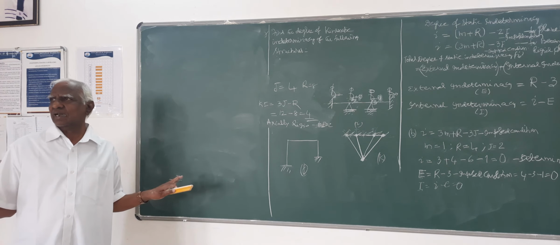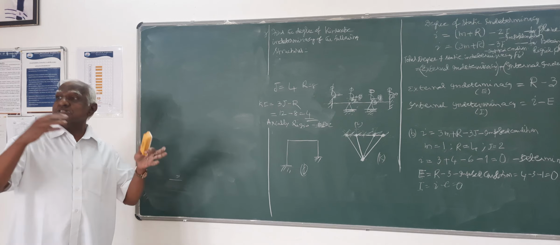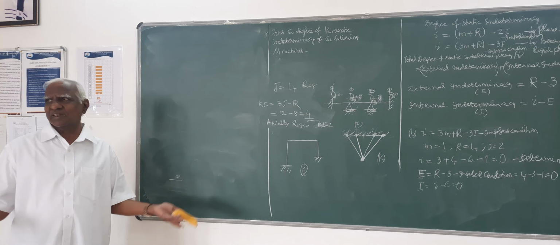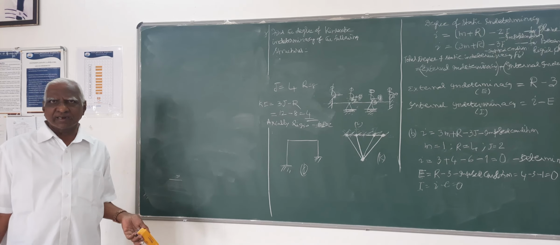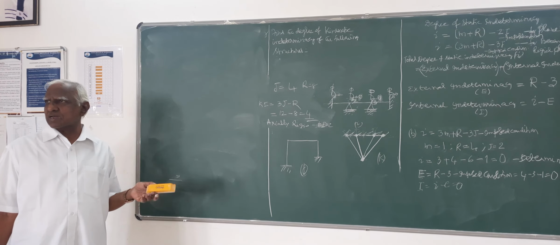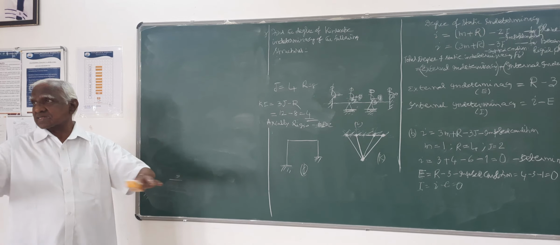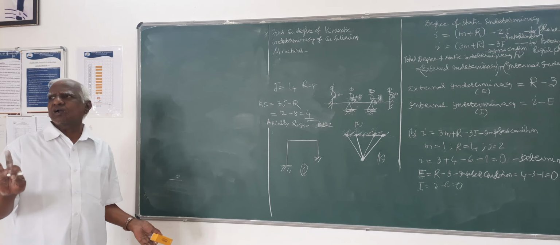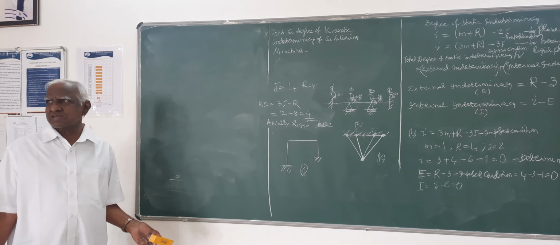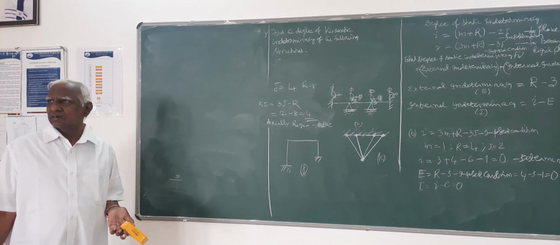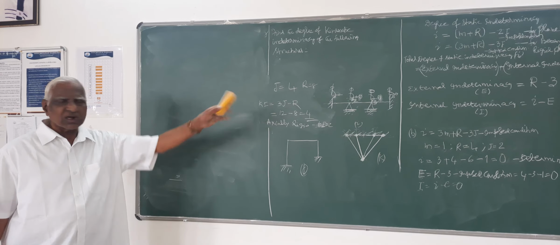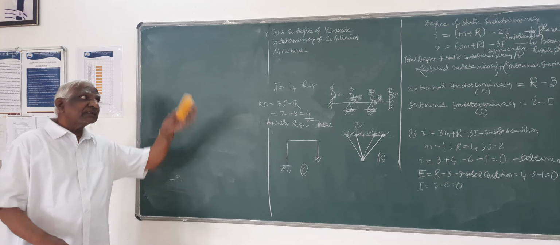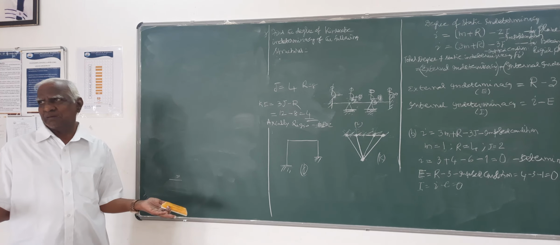No translation at all. That means no sway. All beams are non-sway, which you have already considered. If at all there is translation motion, then we call it sway, not non-sway. All beams are non-sway. But rigid frames, they can be swayed.